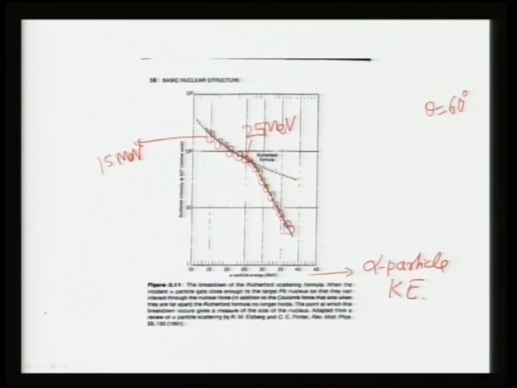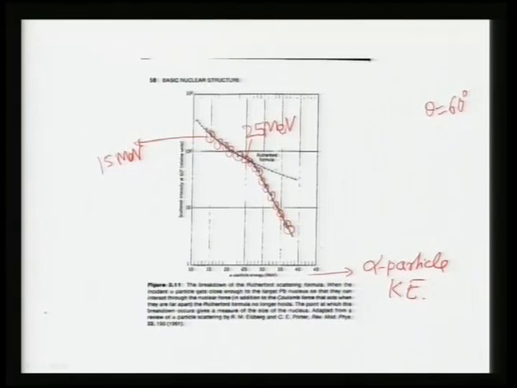Now, if you calculate the number of particles from the Rutherford scattering formula at 60 degrees, in that particular geometry and that much time, how many particles should come at 60 degrees. This smooth curve that you are seeing is calculated from the Rutherford formula.